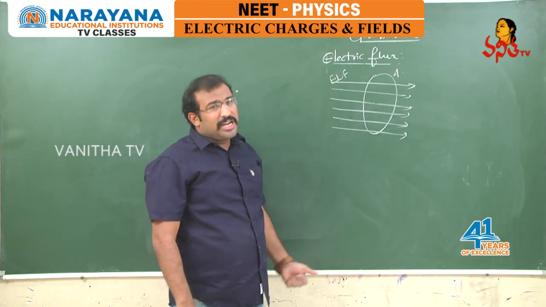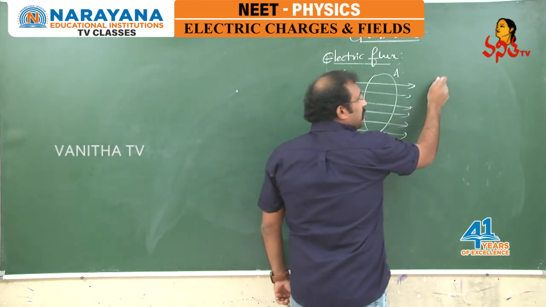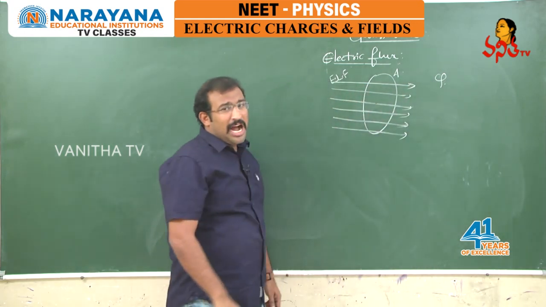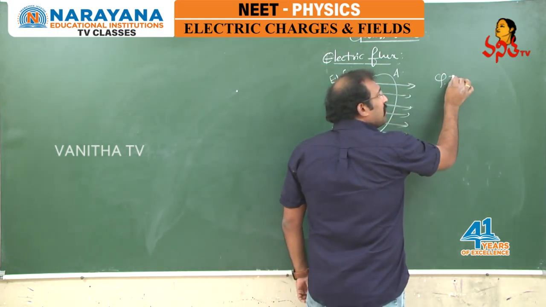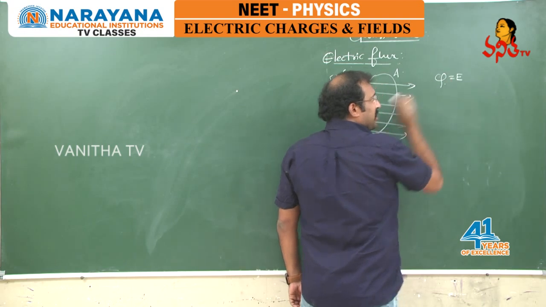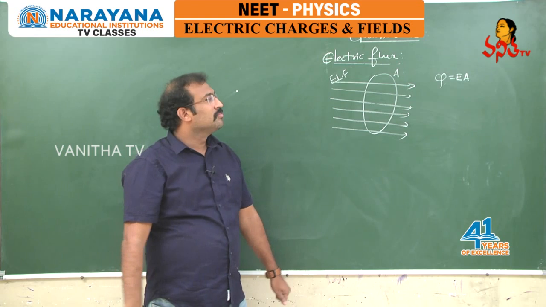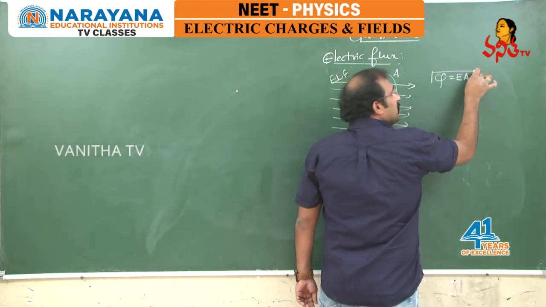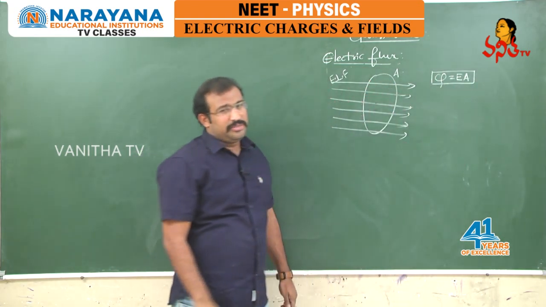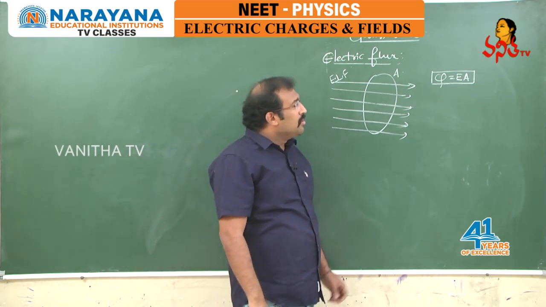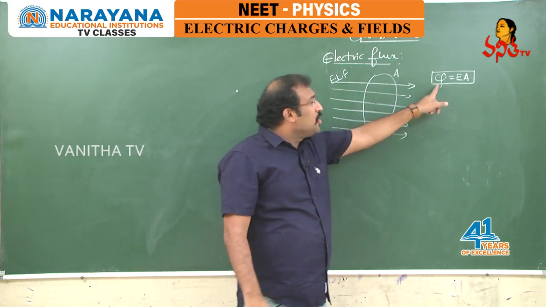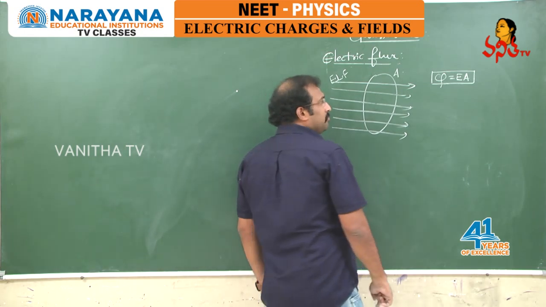The magnitude of the electric flux is represented by phi and is given by the product of the electric field strength and the area of the surface. Now let us see what is the unit of this electric flux.